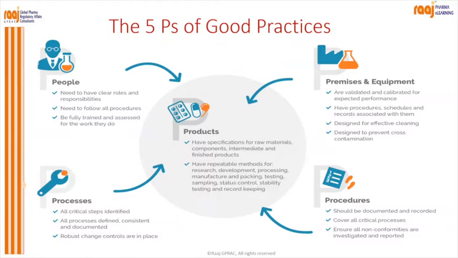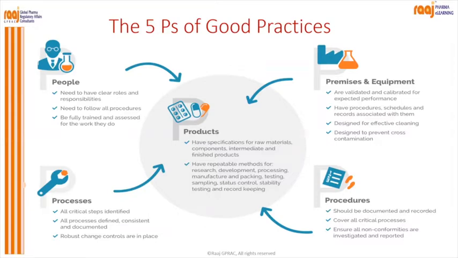Coming to procedure, it should be well documented and recorded, cover all critical processes, and ensure all non-conformities are investigated and reported. Then processes: all critical steps are identified when you are giving a manufacturing process for product A, B, C, D. So each process has to be well defined, all critical points have to be mentioned, a flow chart has to be given, and all the critical steps you have to identify.